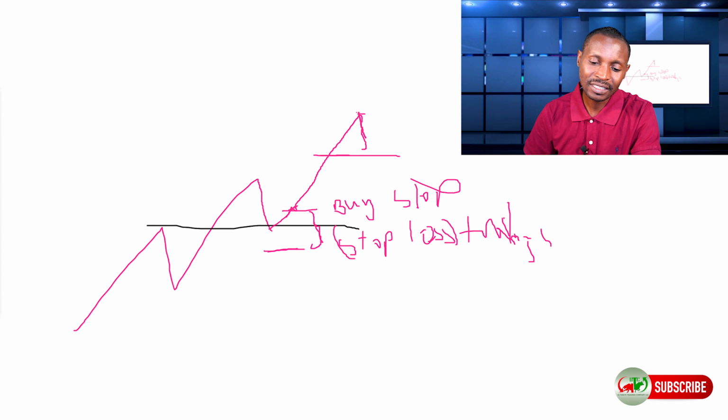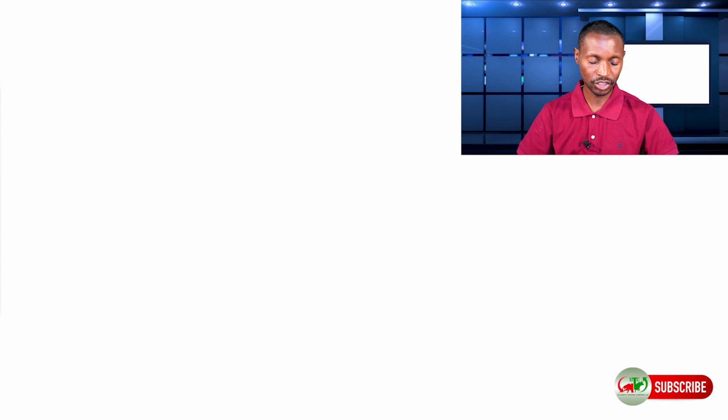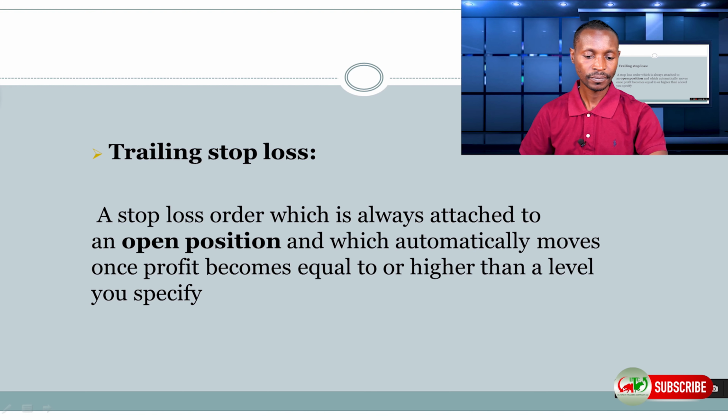Even though the market comes back below and you exit the trade, you will be able to secure the profit made here. So you see, it is very nice to book a profit and make sure that you will not lose the entire money, and that is what we call a trailing stop loss.